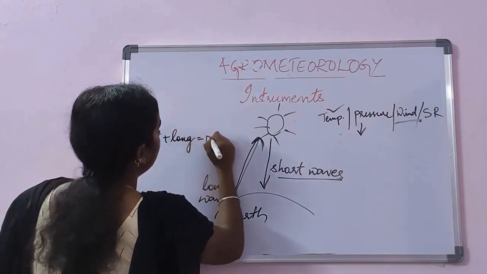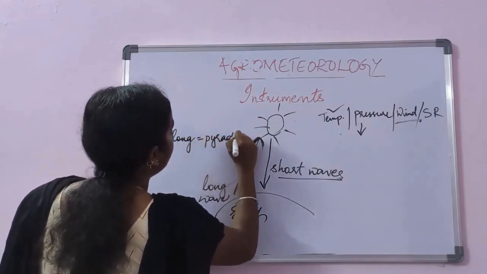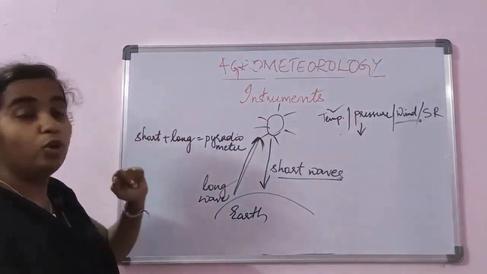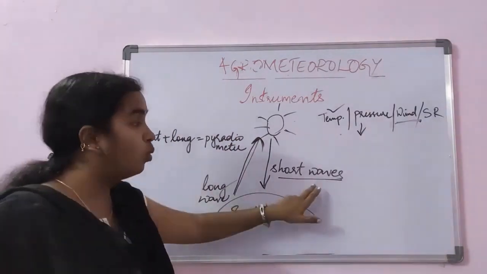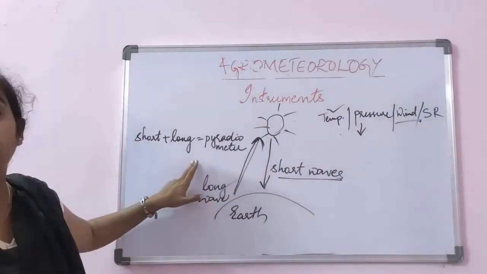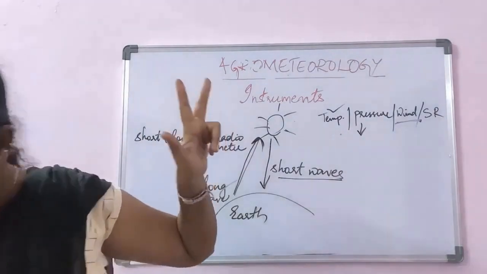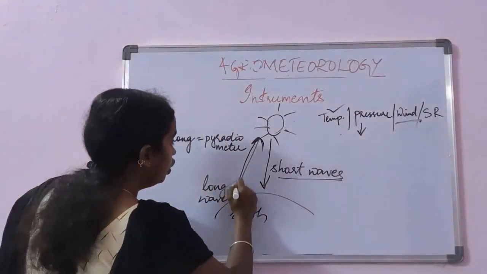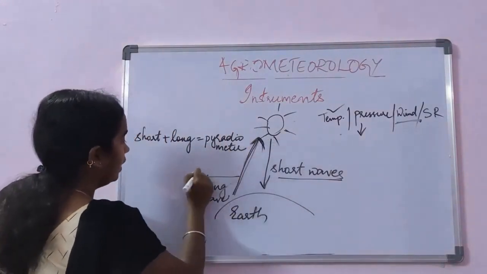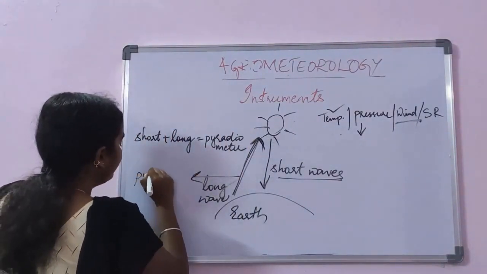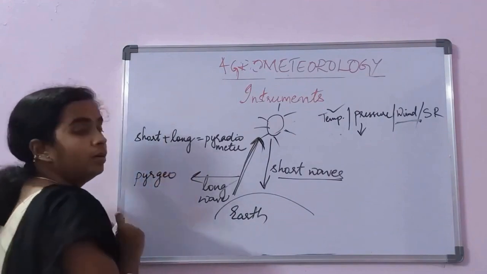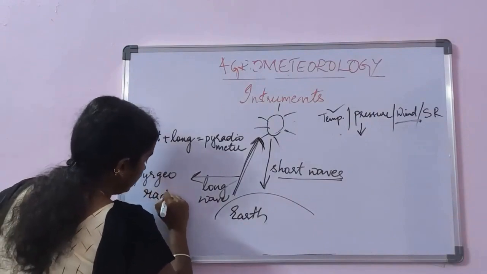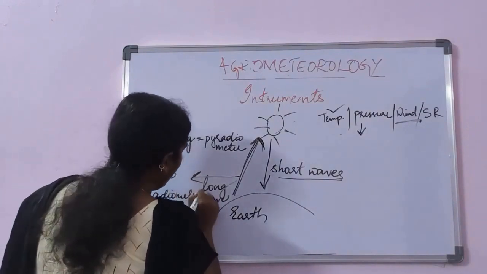For measuring both short waves and long waves, we have one instrument which is called a pyradiometer, and for measuring only the long wave type of radiation, we have the pyrgeometer or piezometer.